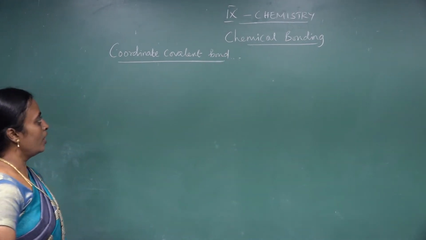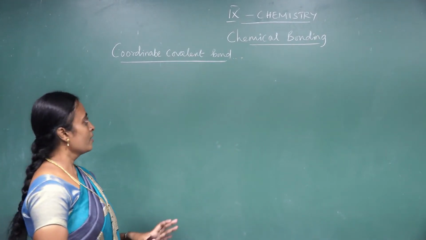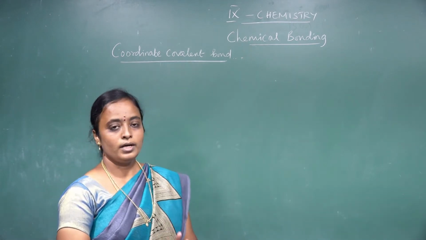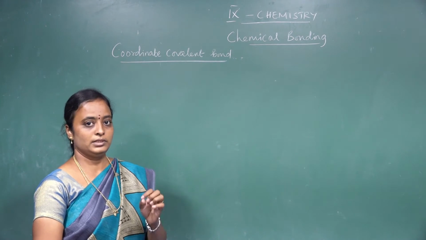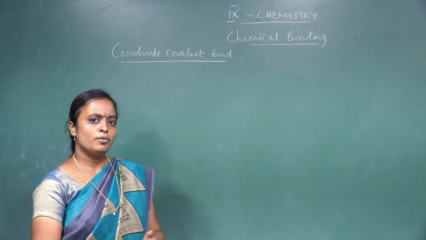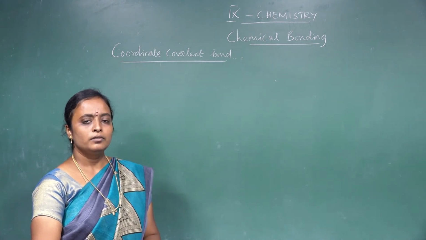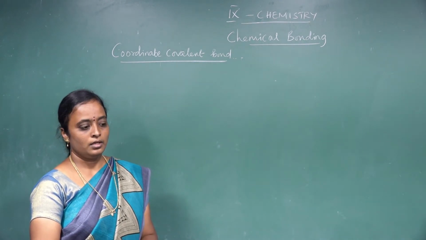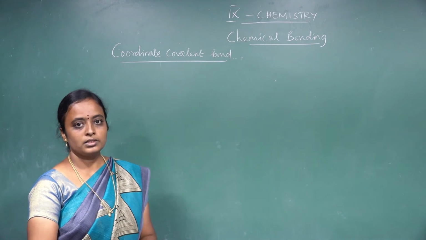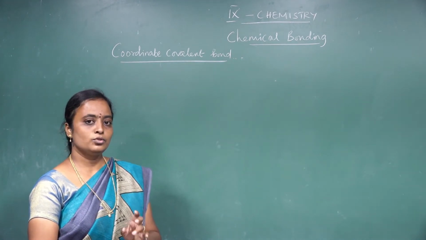So first, what is a covalent bond? You know that already: a covalent bond means the bond formed between two atoms. But how is the bond formed? We know that bond formation involves electrons. And how many electrons are involved in a single bond? Two electrons.